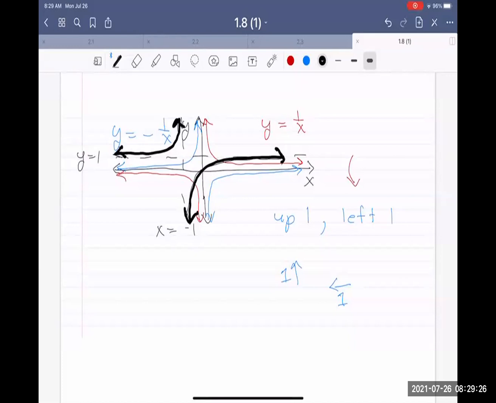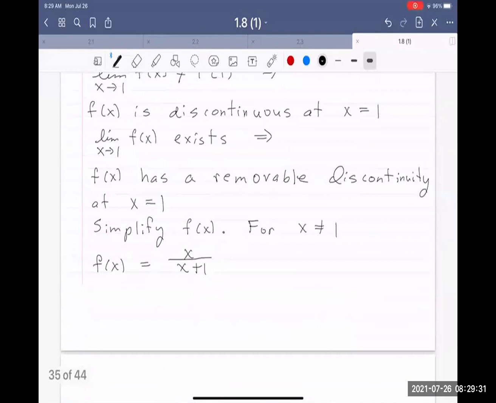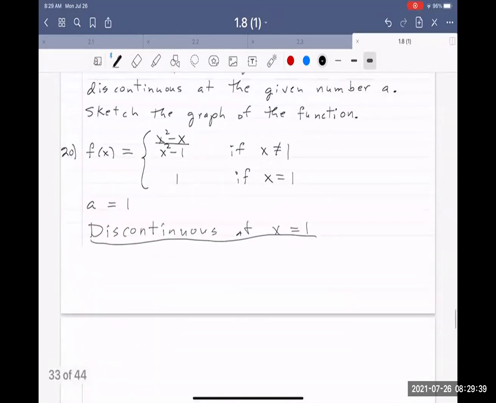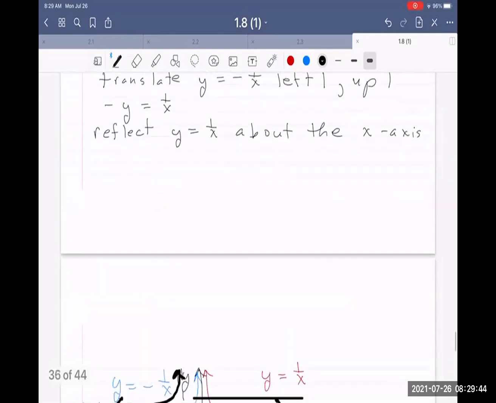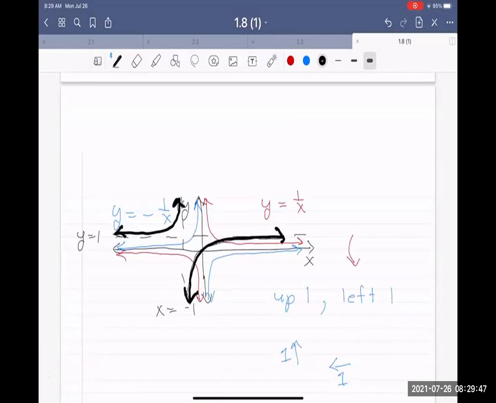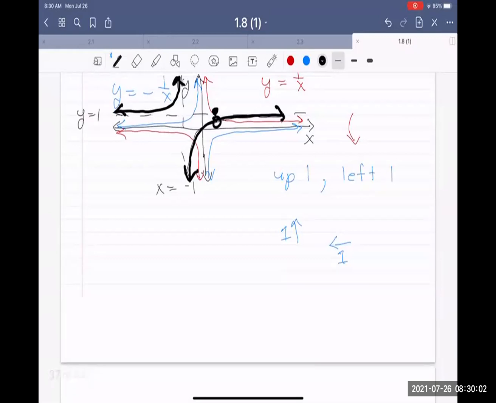Except for one little detail that I haven't plugged in yet, which is that when x is equal to 1, my y value is, so it actually has a little hole here at 1, and it jumps up here. Okay, so let's try to sketch this. So this is the graph of y equals f of x.